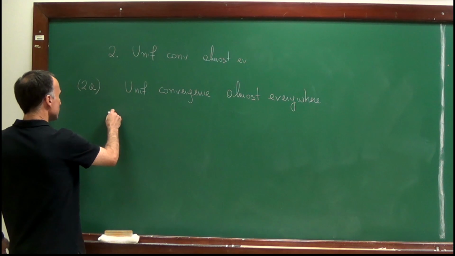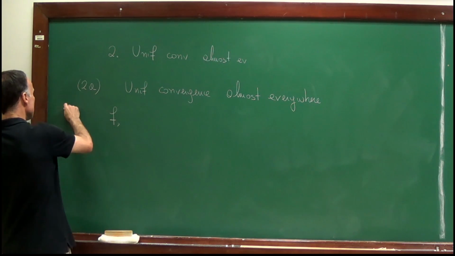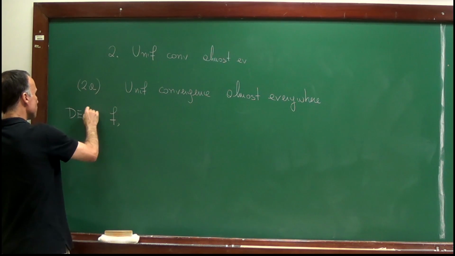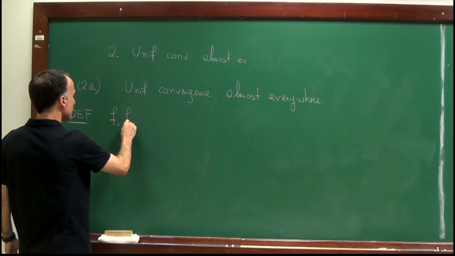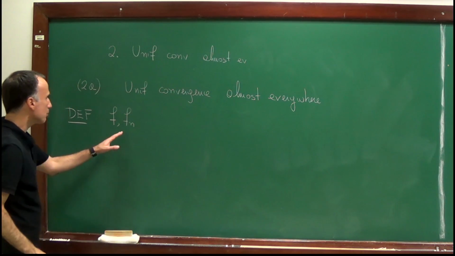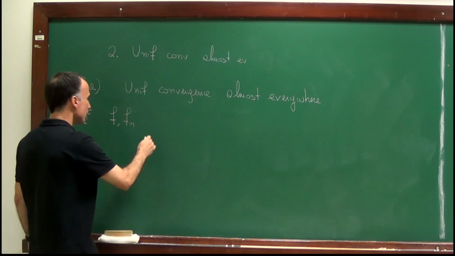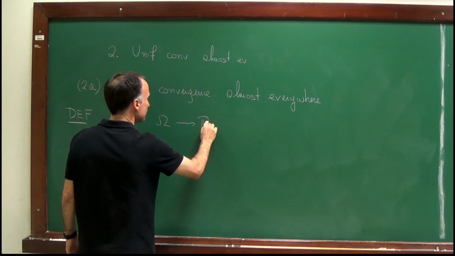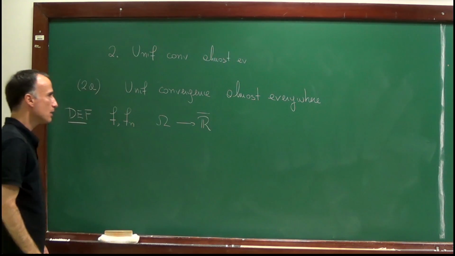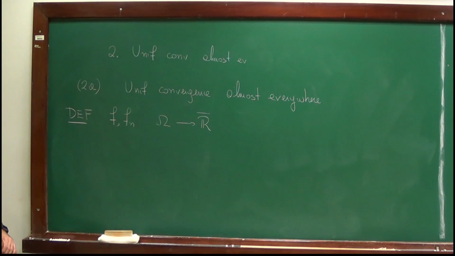So let me be more precise. So this is a definition. Again, assume that you have measurable functions f and f_n, which are defined on omega and taking values in R bar.